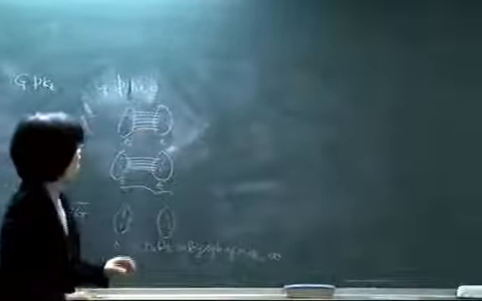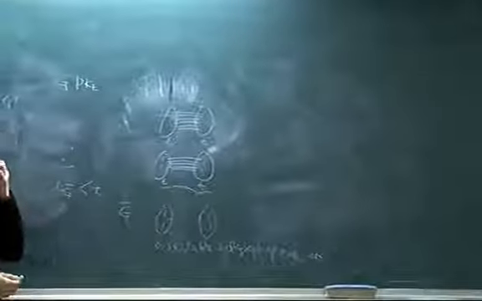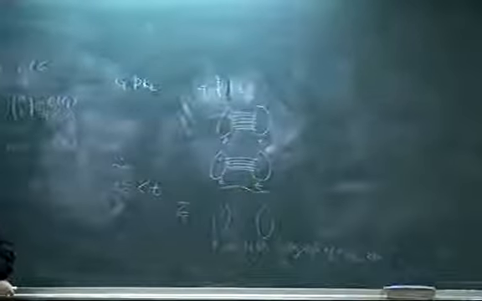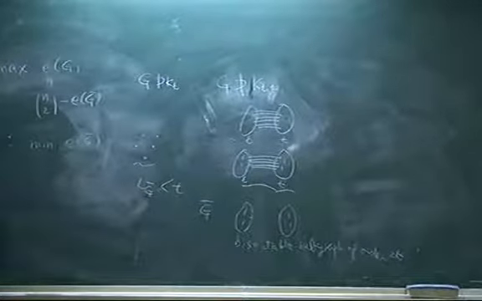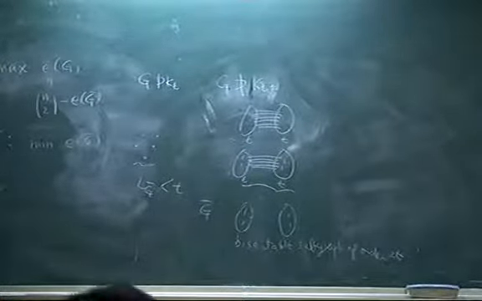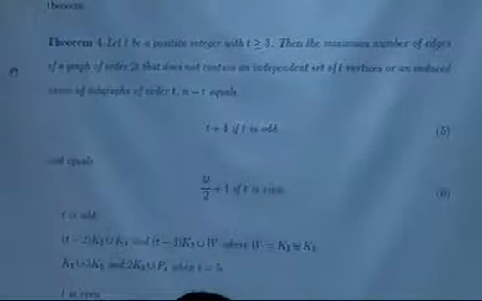Actually, this bisectable subgraph of order 2t is just a union of subgraphs of order t and t. So, actually, I should write order t and t rather than order t and n minus t.